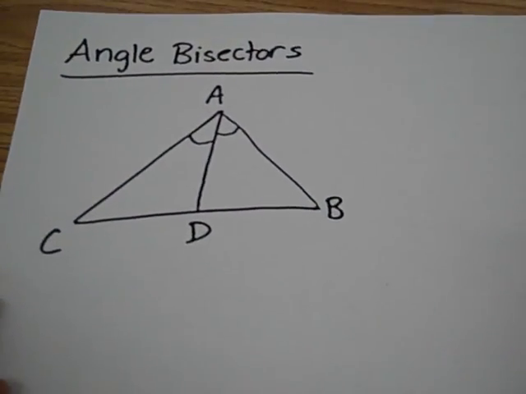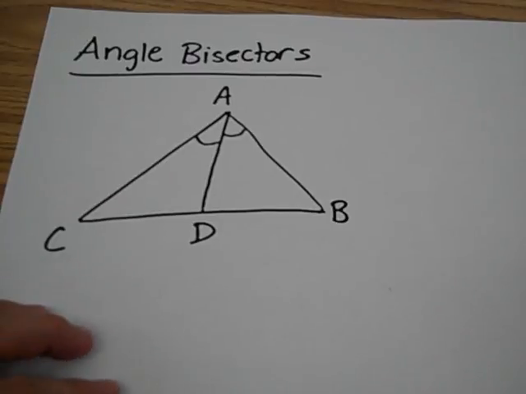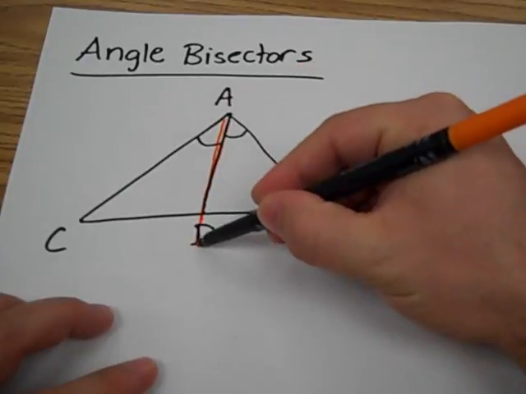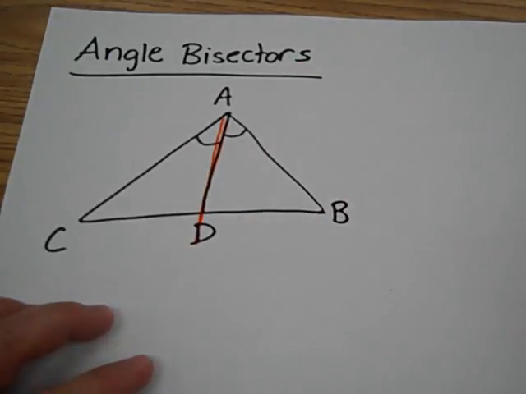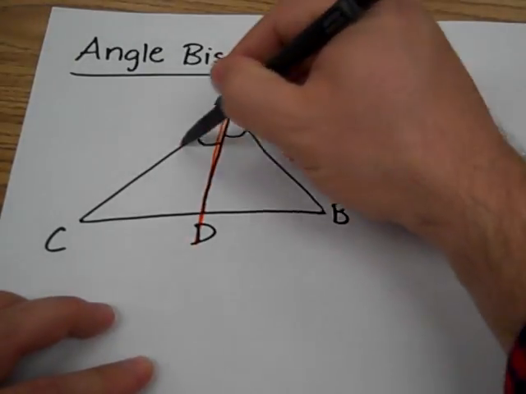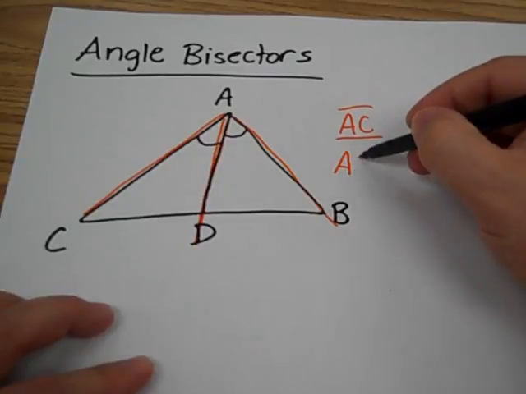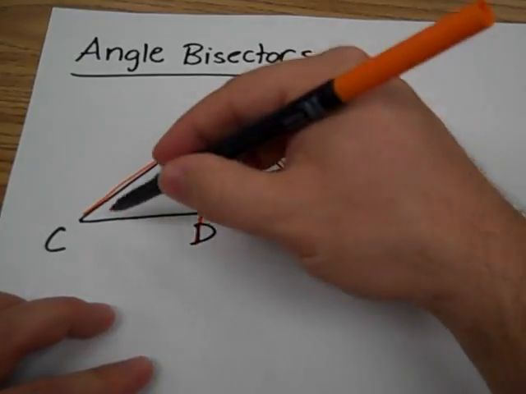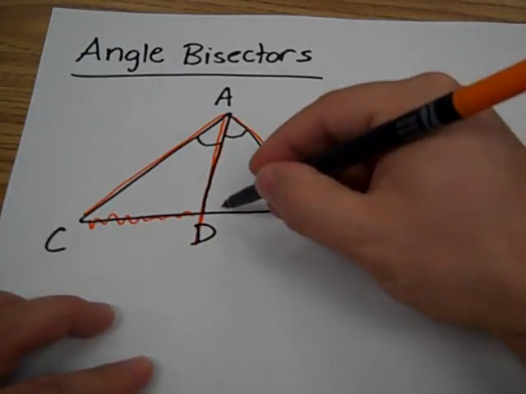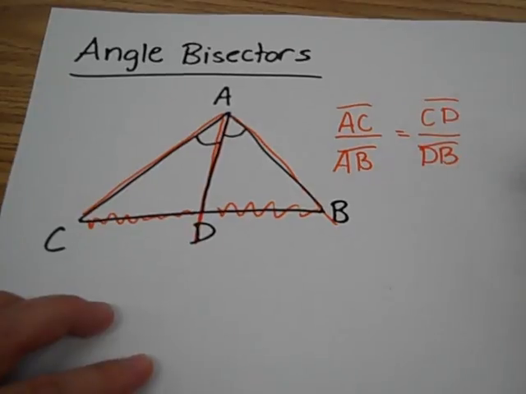Another type of proportion in triangles is formed when we have an angle bisector. This angle bisector kind of becomes a natural fraction bar for us to create a proportion. We have that AC, this side over here, over AB, the other side, will be equal to this piece CD over this piece DB.